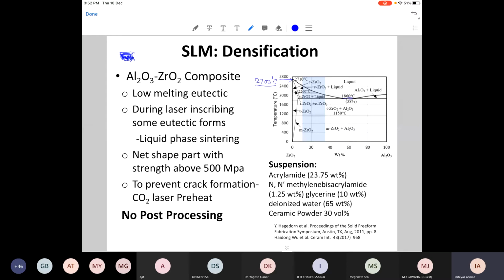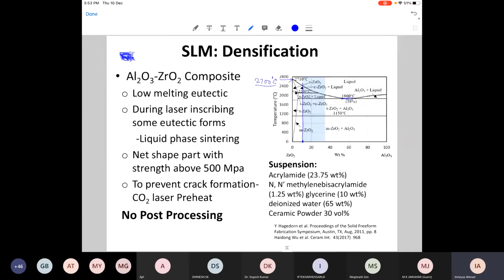Now, if you add about 10% alumina in zirconia, although a large part will still be solid, a small fraction will melt.